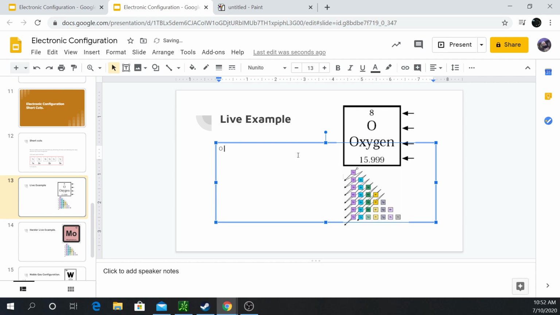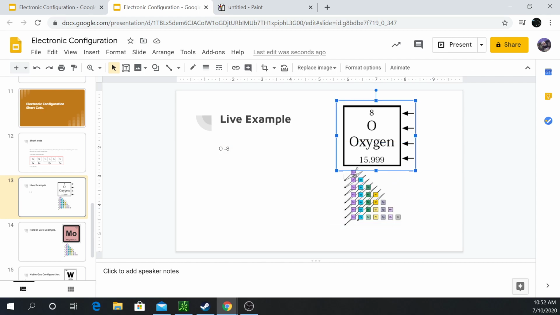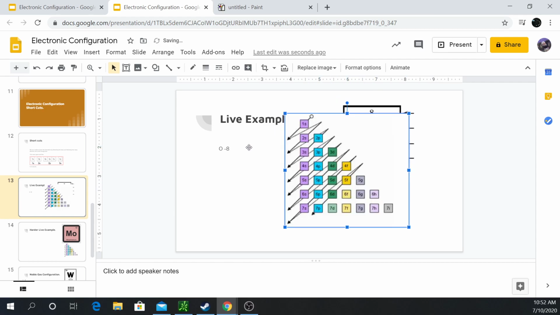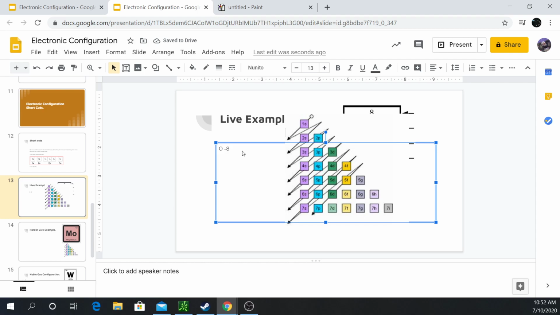So let's start. We have oxygen, and that has 8 electrons. The first energy level that we have is the 1s energy level. We already know that 1s is going to contain 2 electrons.